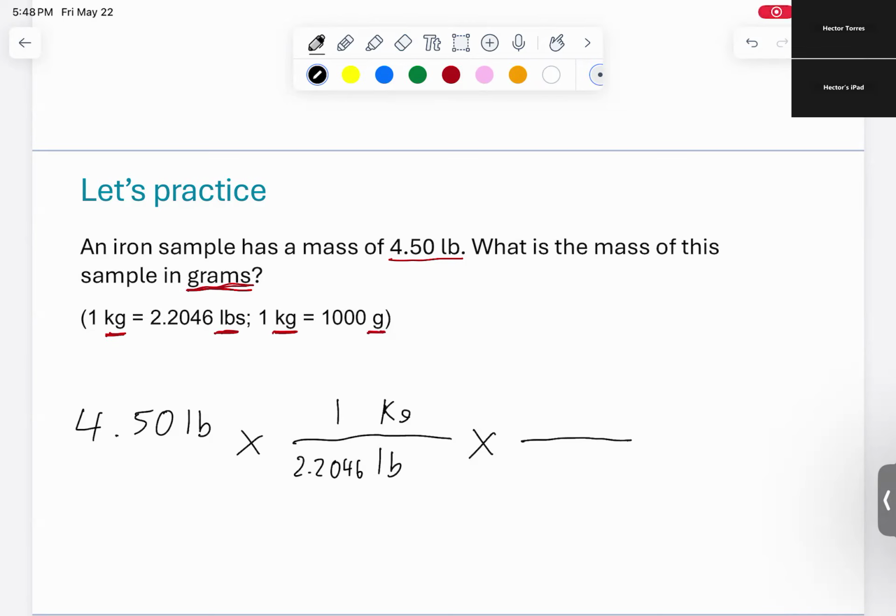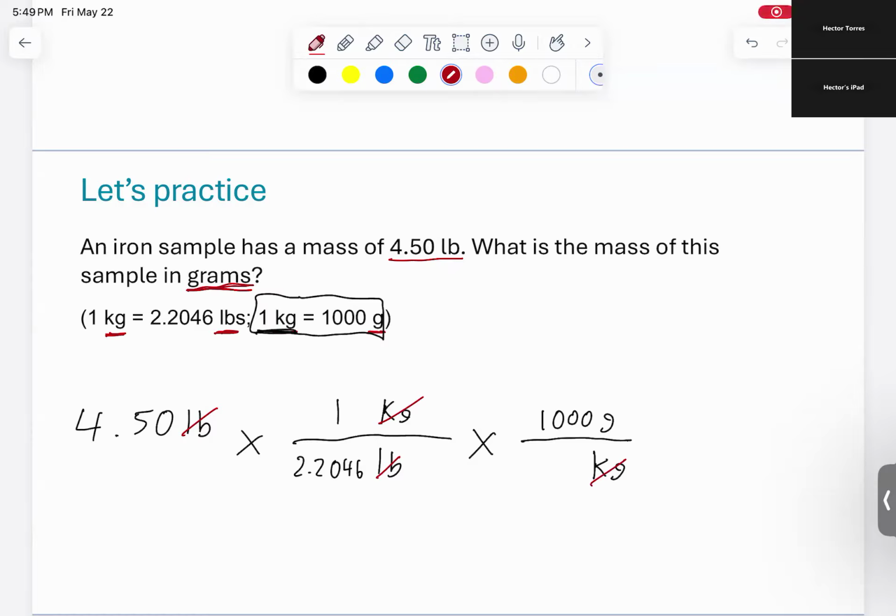Again, I have kilograms on top. I know I want to get rid of them, so I'm going to put it on the bottom now. And I know that 1 kilogram is equal to 1,000 grams, so I can put 1,000 grams on top. Now if I want to double check my units, I can see my pounds cancel out because I have 1 on top, 1 on bottom. My kilograms cancel out because I have 1 on top and 1 on bottom.